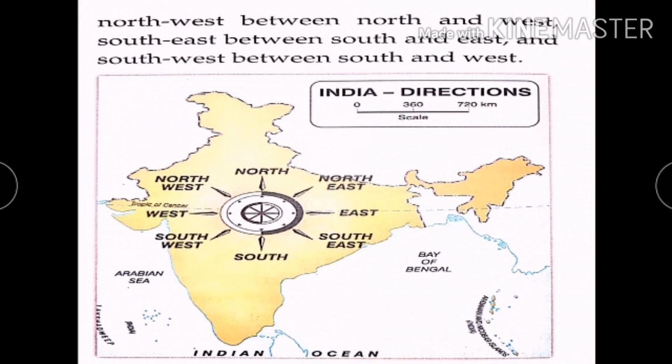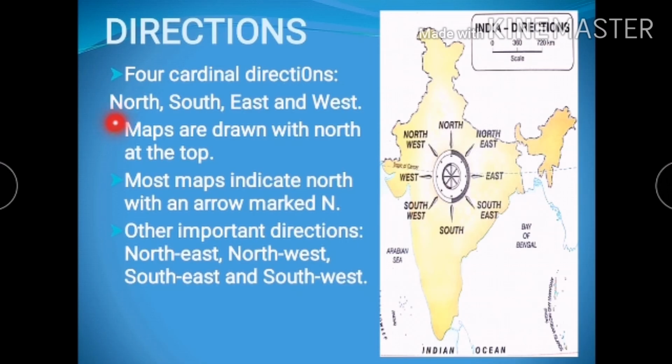So direction is one of the important elements in maps. If we know one direction, we can find another easily. So there are 4 cardinal directions: north, south, east and west. Maps are drawn with north at the top. Most maps indicate north with an arrow marked N. So students, north is always at the top of the map.